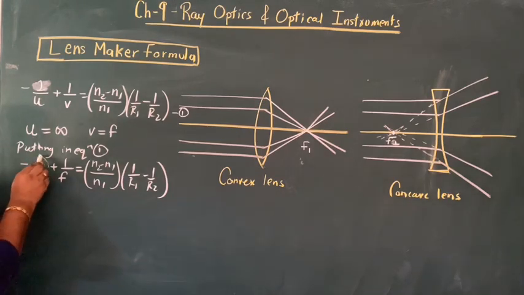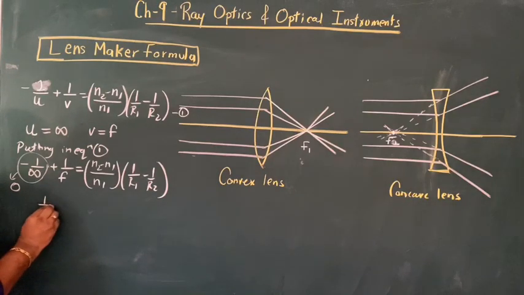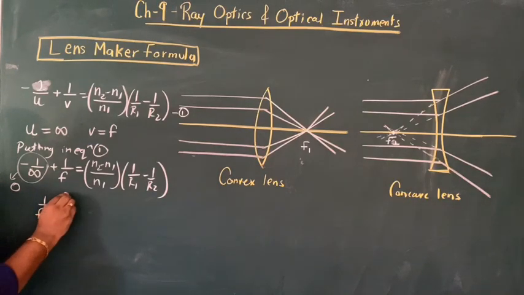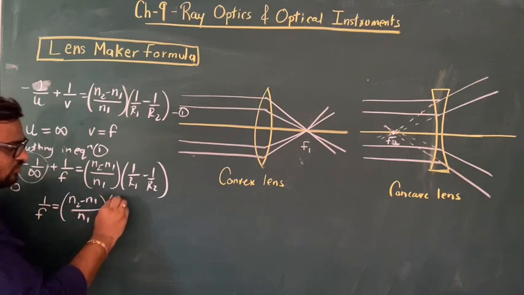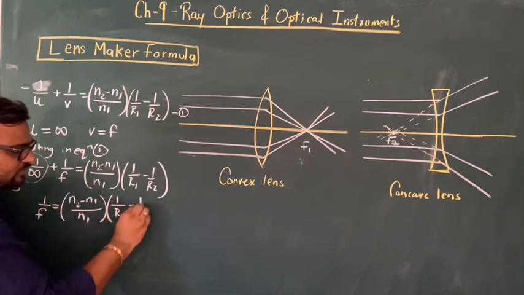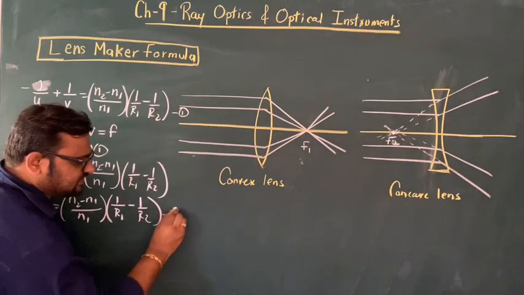Now 1 by infinity is equal to 0. So the equation becomes 1 by f equals n2 minus n1 upon n1, 1 by r1 minus 1 by r2. Let's name this as 2.